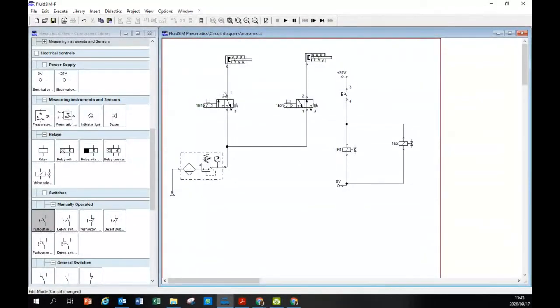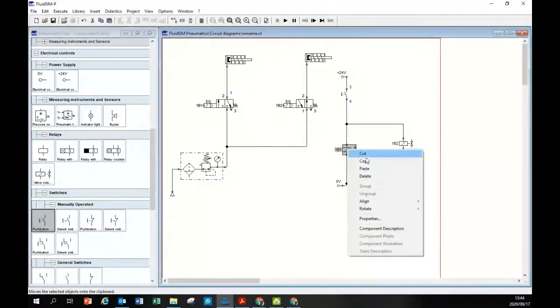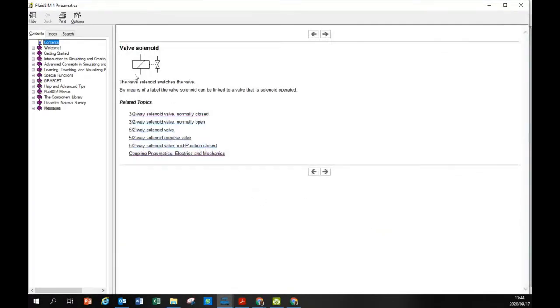Even this one, they are linked or they communicate through coding because we need to show the pneumatic side and the electro side. Even if you read here, it will tell you the different types.